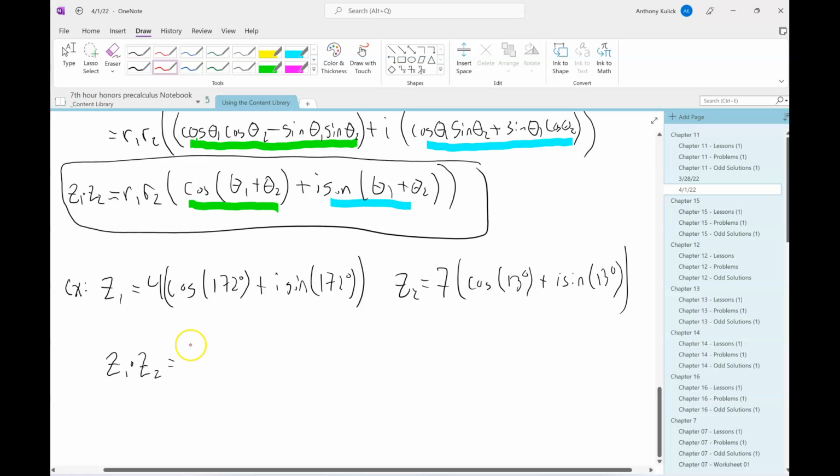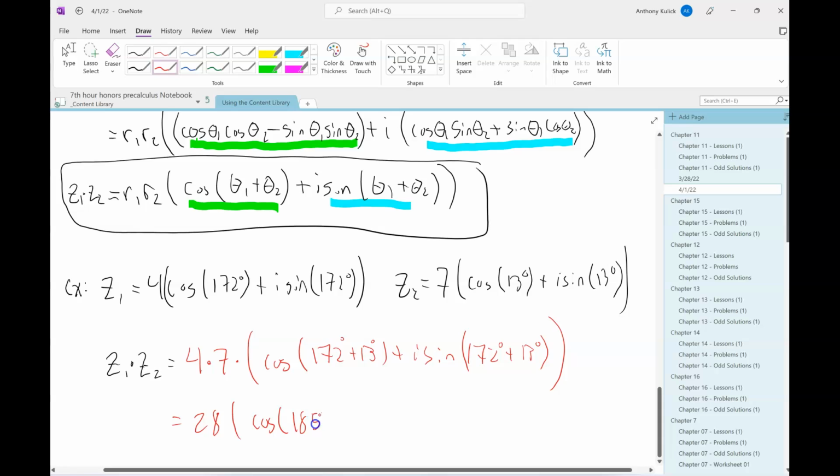If we use the formula we just developed, that's going to be 4 times 7 times cosine of 172 plus 13 plus i sine 172 plus 13. Or really just 28 cosine 185 plus i sine 185.